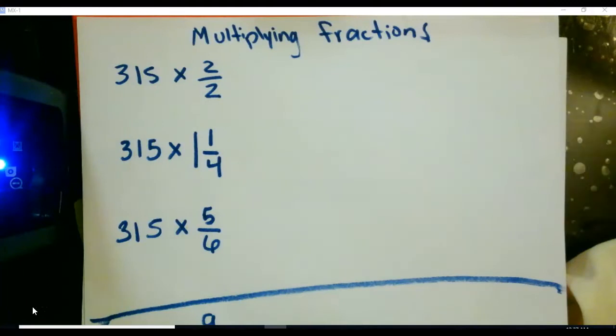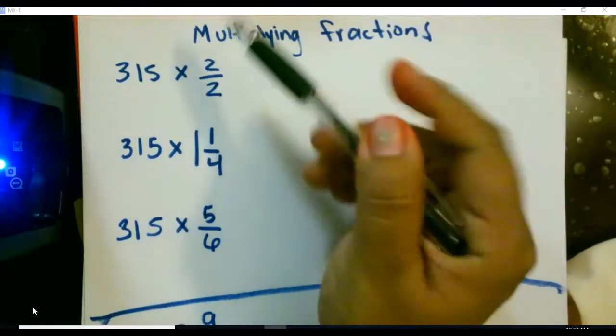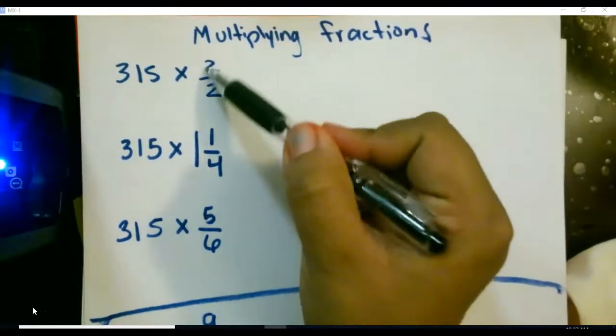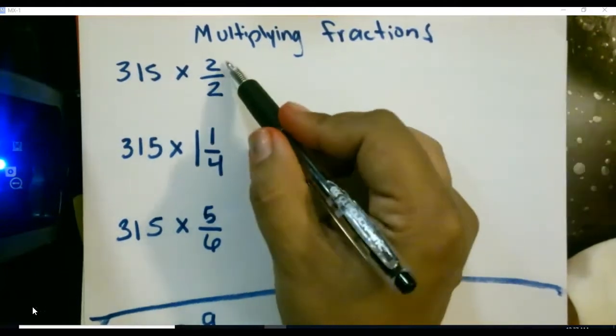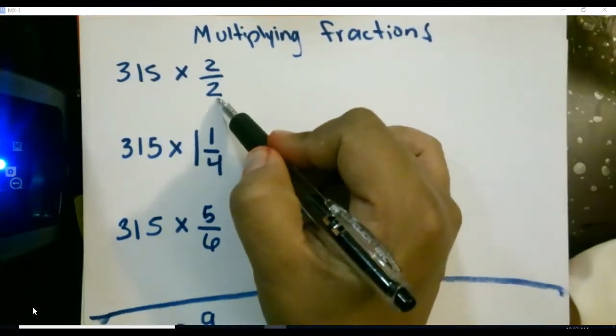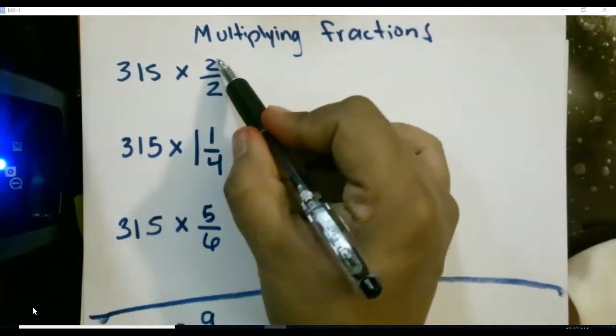So when you're multiplying fractions, one of the things that you want to remember is any number times a fraction that is equal to 1 will be the same as that number. So 2 over 2 is the same as 1, right? It's 1 whole. It doesn't matter what the numbers are.